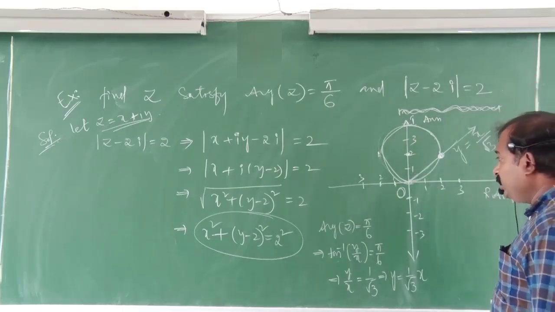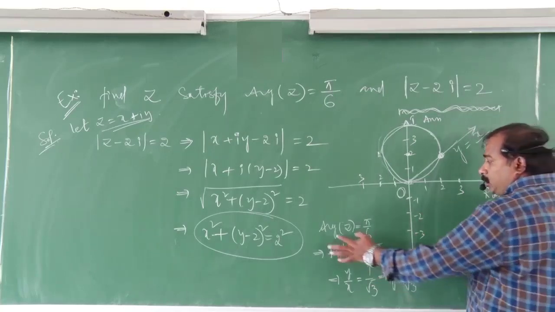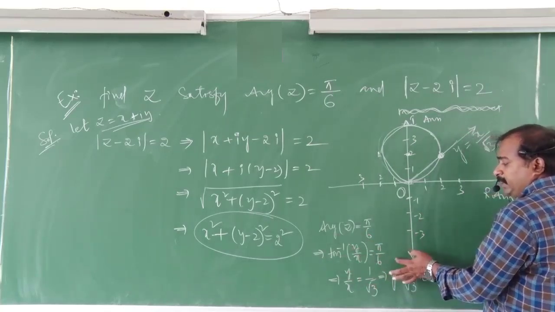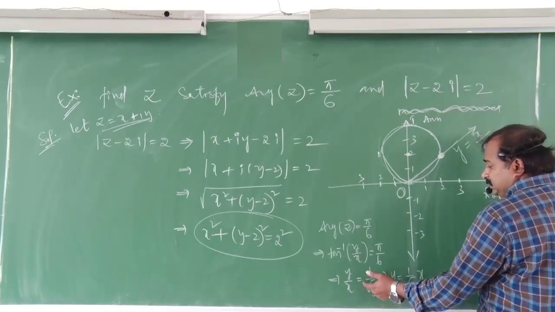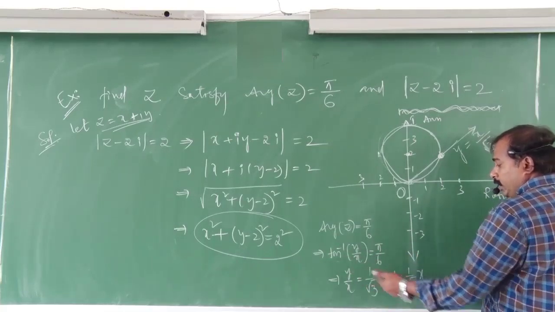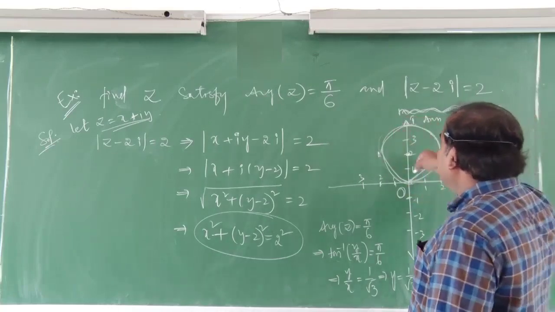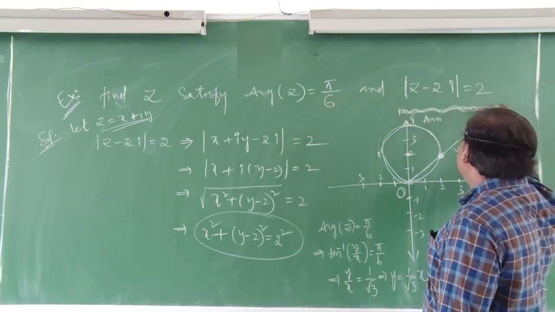If you take z is equal to x plus iy, argument means tan inverse of y by x is equal to pi by 6, so y by x is equal to tan of pi by 6, tan 30 degrees, value 1 by root 3. You will get y is equal to x by root 3. So you got this ray like this. And one more thing, our required z satisfies this circle equation also.